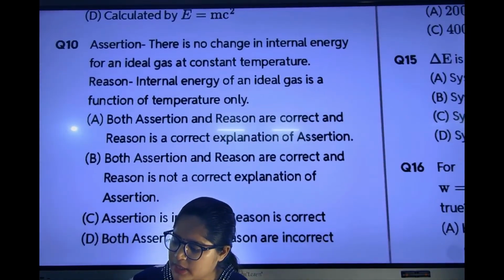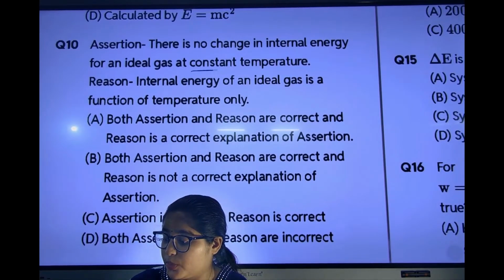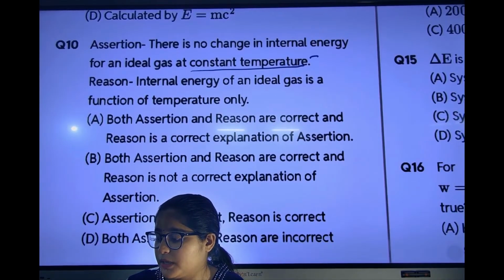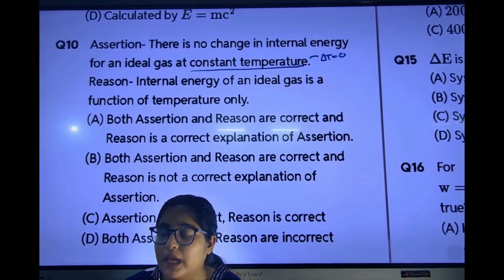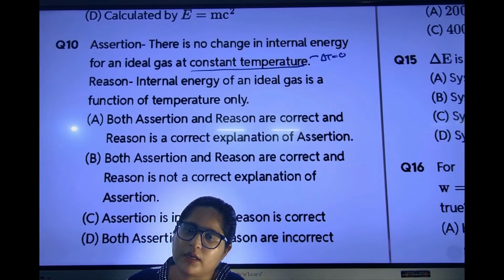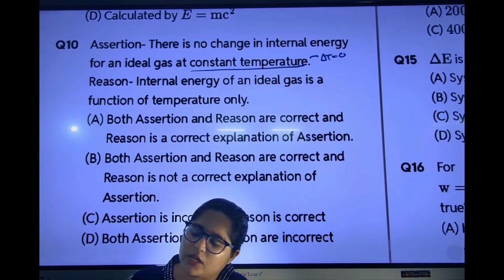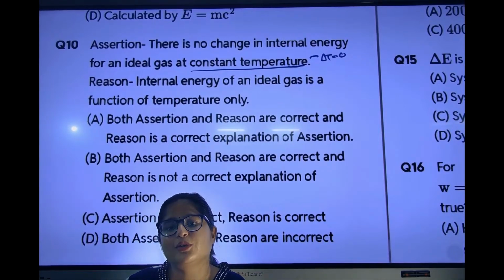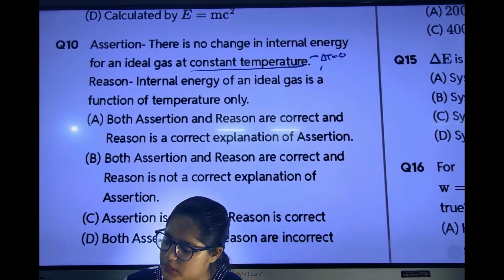Question number 10. There is no change in internal energy for an ideal gas at constant temperature. Very true, because constant temperature means delta T is 0, and internal energy is a function of temperature. So if the change in temperature is 0, delta U will also be 0, right?